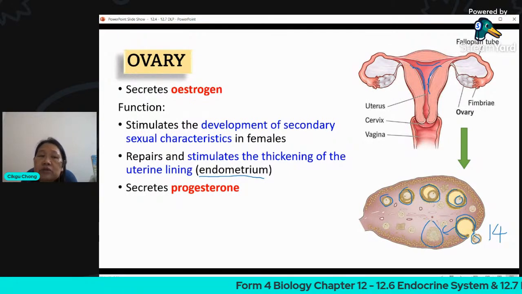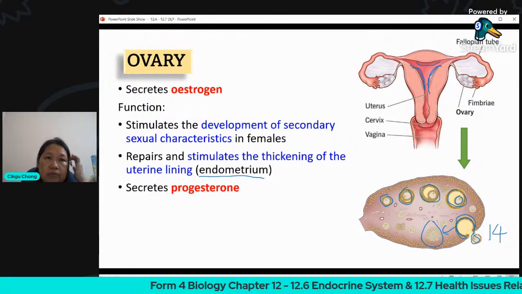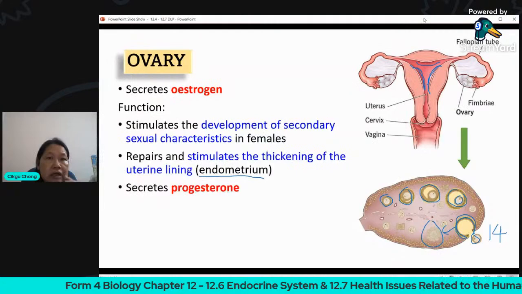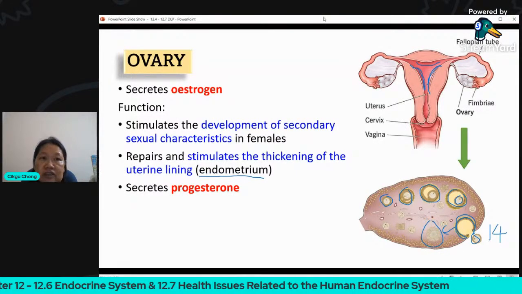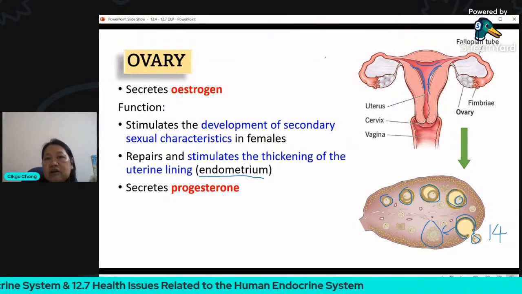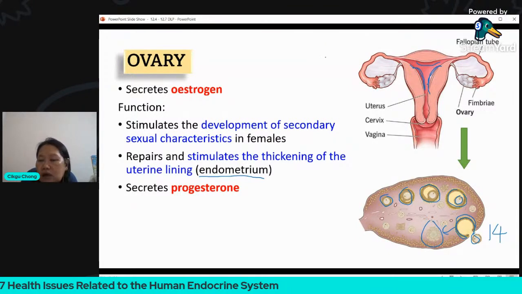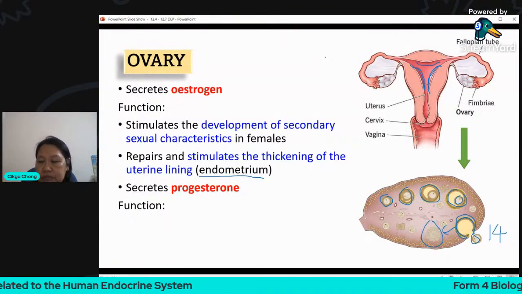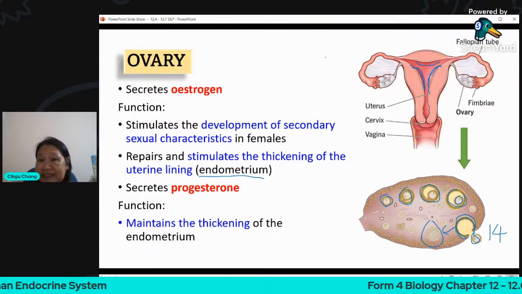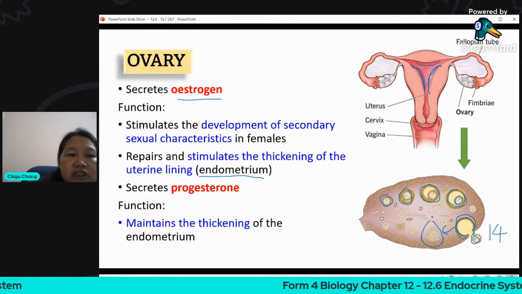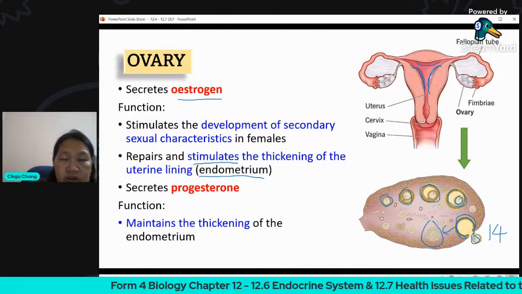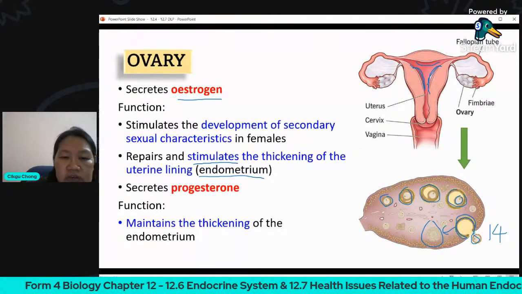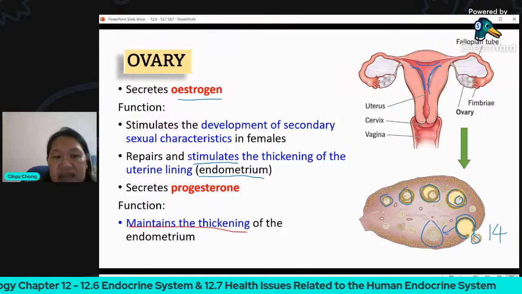The other hormone is progesterone. Progesterone is mainly produced after ovulation, which is after day 14. Usually around day 21, the progesterone will reach its highest. The function of progesterone is to maintain. Estrogen stimulates the thickening, but progesterone maintains the thickening.